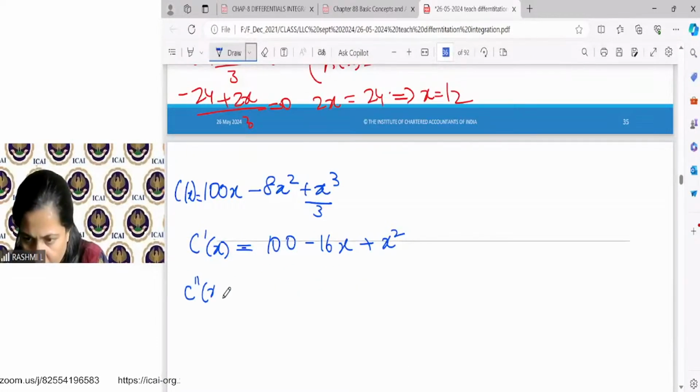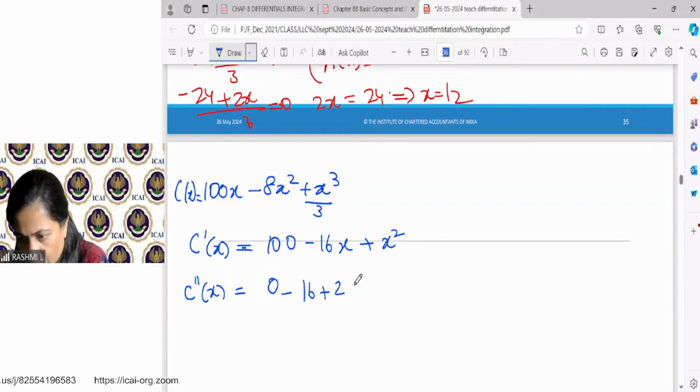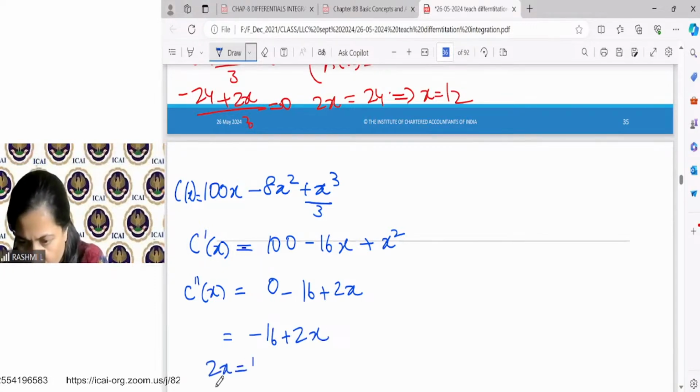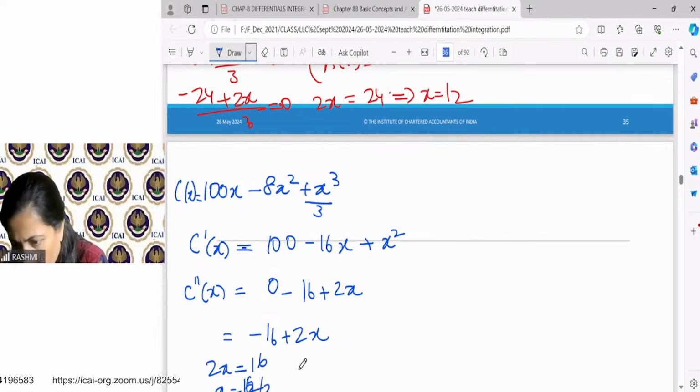Derivative of this, because I'm trying to find the marginal cost. This is equal to 0 minus 16 plus 2x. So 2x is equal to 16, x is equal to 16 upon 2, which is equal to 8.